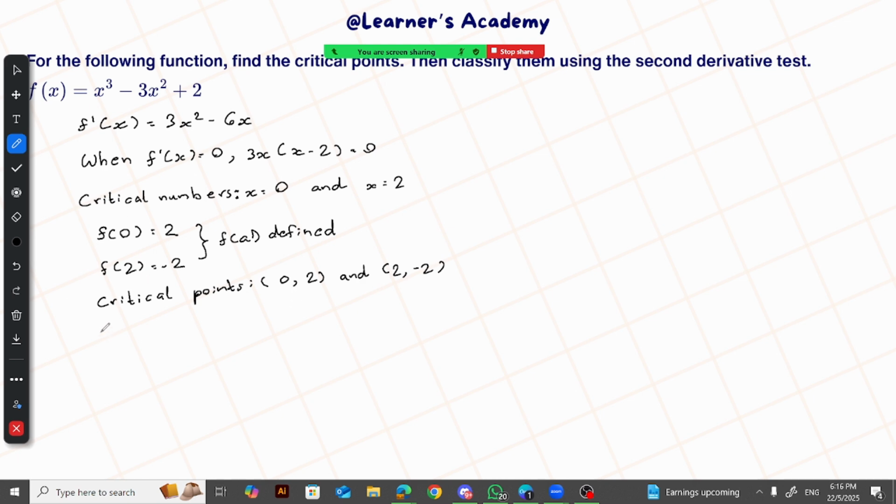So we will find the second derivative of f of x, 6x minus 6, and we'll substitute the critical numbers into the second derivative of f of x. So if we substitute 0, we'll get negative 6.